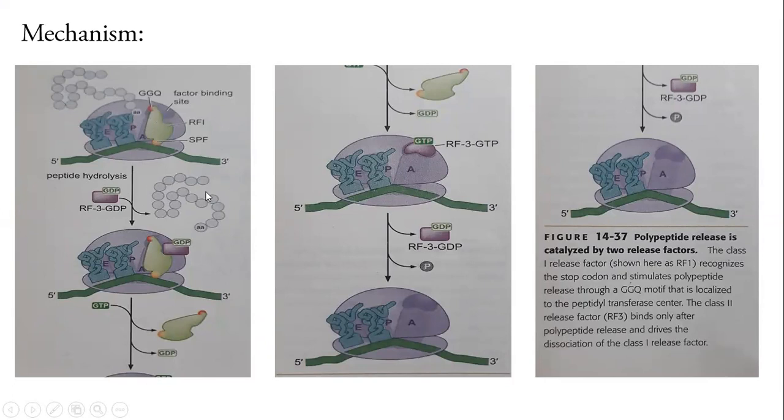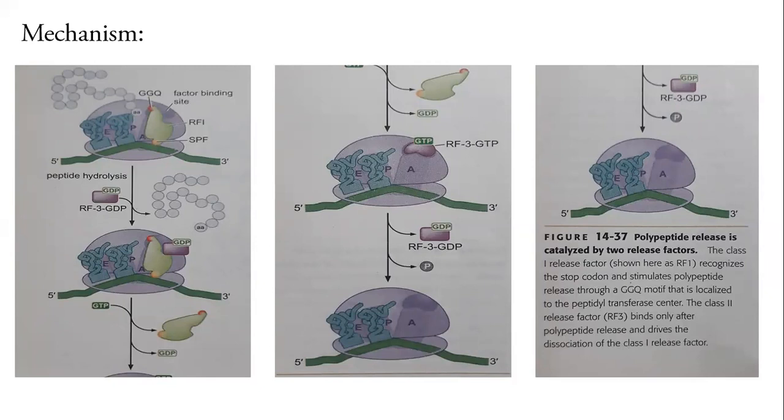After the hydrolysis of the peptide, the class 2 release factor, RF3 with GDP, comes into action. RF3 is a special type of GTP binding protein which has a much higher affinity to GDP than GTP. Any other GTP binding protein has a much higher affinity to GTP instead of GDP.